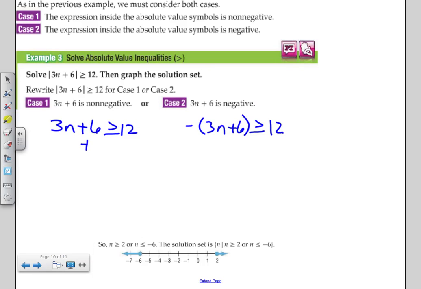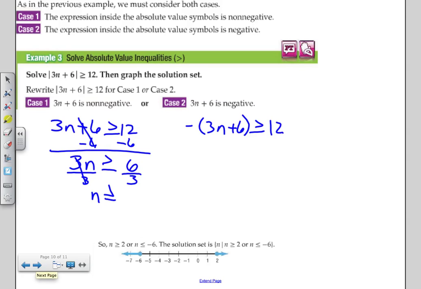Okay, so you'll subtract 6 from both sides. 3n is greater than or equal to 6. Divide both sides by 3. We're dividing by a positive, so we don't have to change any signs. n is greater than or equal to 6 over 3, which is the same as 2.